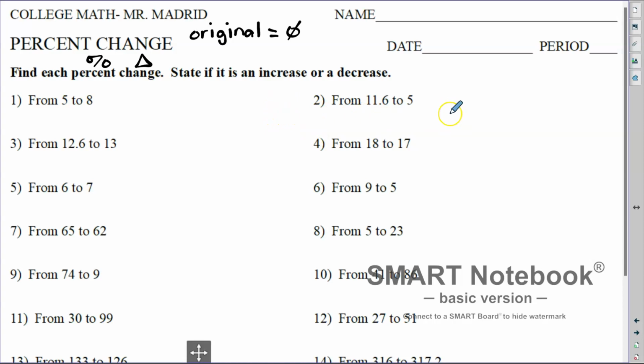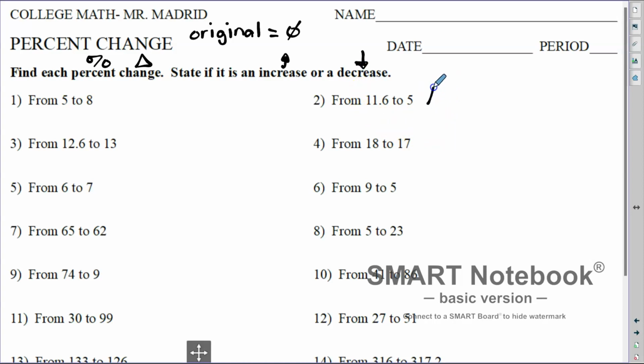So I'm about to give you guys the formula. The other thing I'll say is it says state if it is an increase or decrease. Pay attention. This is how simple. After you're done with the formula, if you went from a small number to a big number, it's an increase. If you go from a bigger number to a smaller, that's a decrease. Just that simple. All right, so here's the formula.